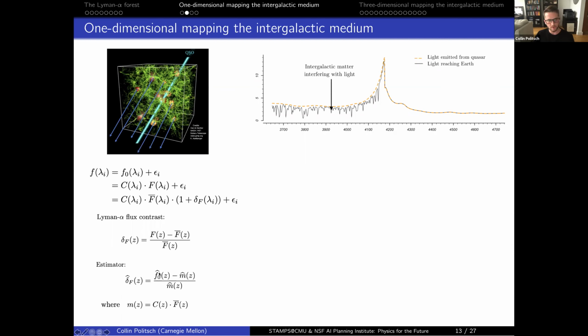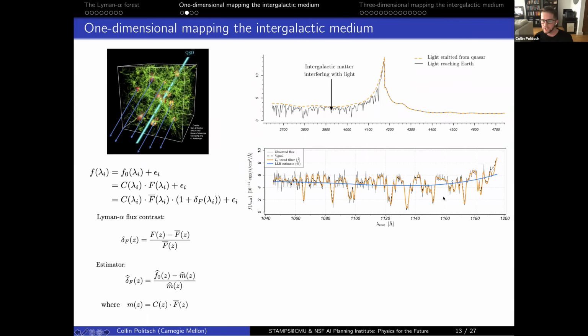In this case, we use trend filtering. You subtract this estimator m hat, where m is defined as the product of these two quantities. So basically a continuum that passes right through the Lyman alpha forest. A very smooth mean is much easier to estimate than a very smooth maximum. That's the idea there, and then you divide by that smooth mean again.